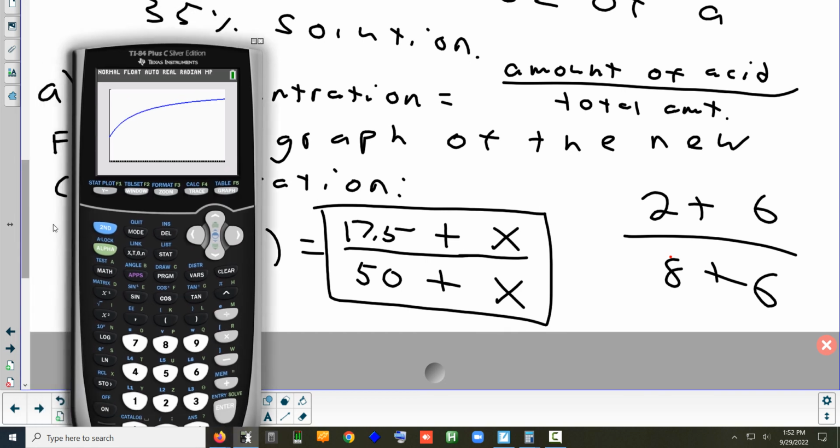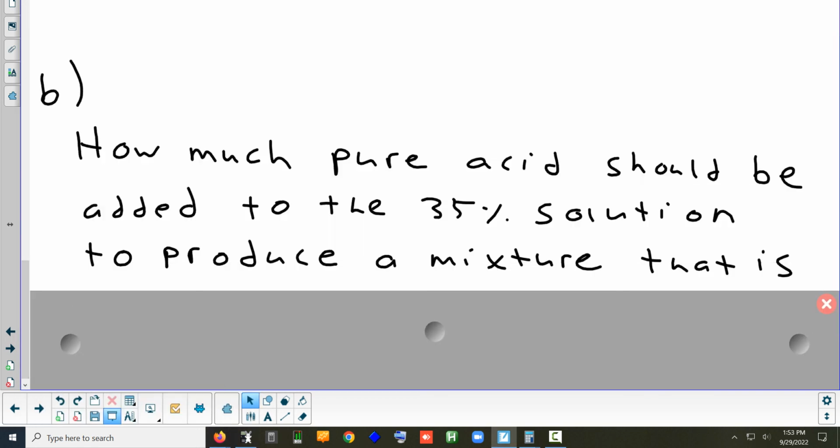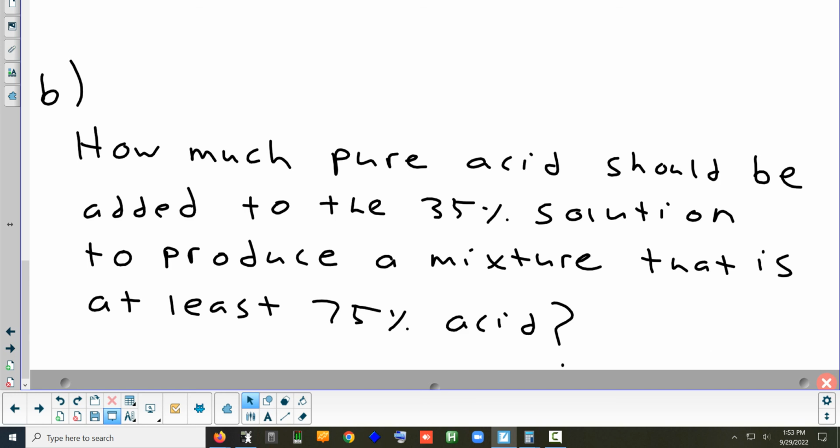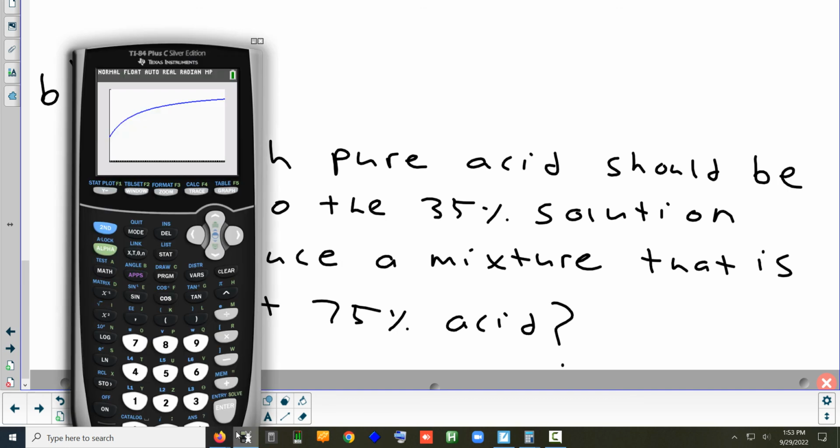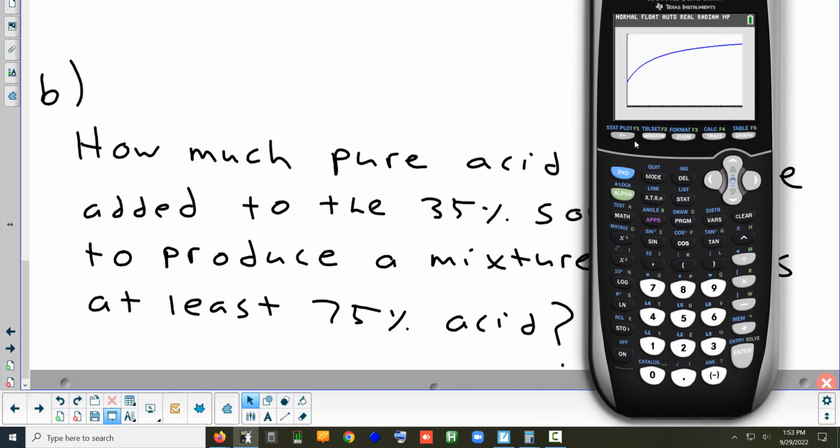So there's a sketch, and they want to know how much acid we have to add to get exactly 75%. So I have to put a line on this graph at 0.75.